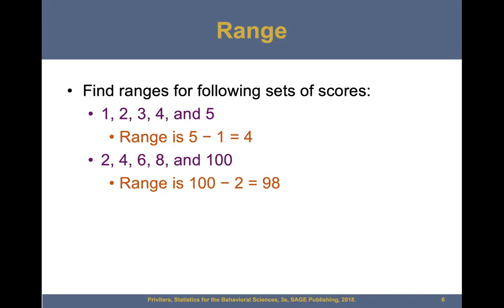I think we talked about the range before. So there's the real range and then the regular range. The range is just highest minus lowest, or largest minus smallest. That is your range. But real range is plus one of that. Real range is always +1.